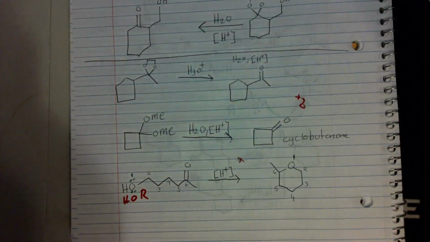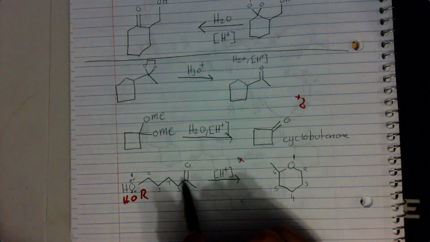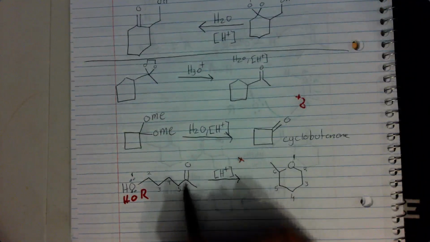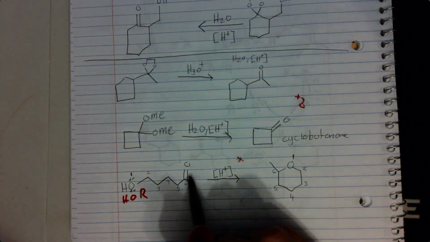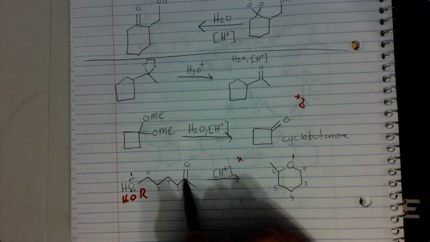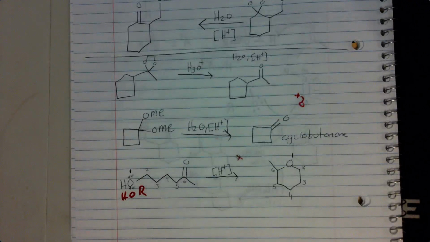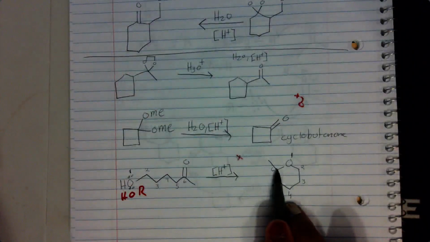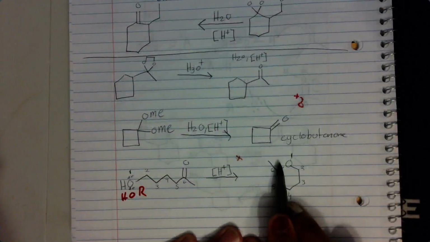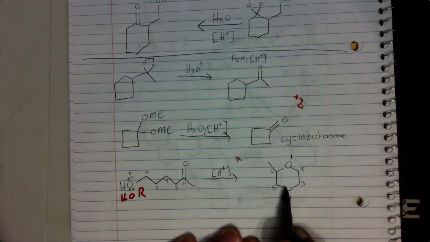And then I also recognize that at the sixth position, because this is going to form a hemiacetal product, I need an OH also at the sixth position, right? A hemiacetal has an OH on one side, and then it has the OR group on the other. So here's the sixth carbon. It has an OH on one side, and then an OR group on the other side.